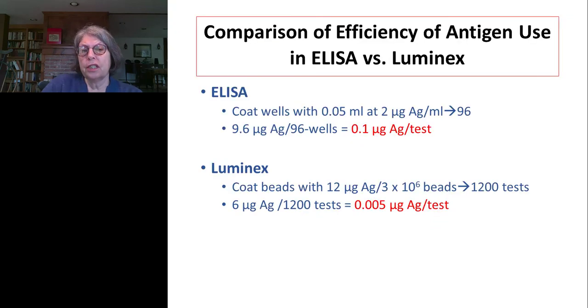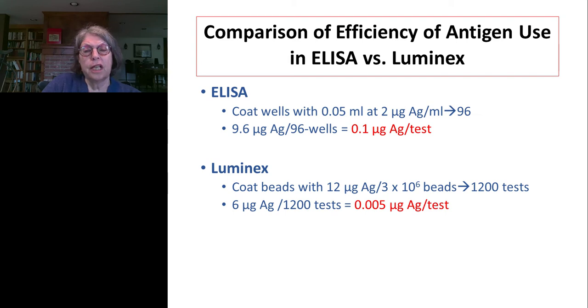In addition to the greater sensitivity of the Luminex assay, we have been able to reduce the amount of antigen needed per test. So with the ELISA, the wells are typically coated with 0.05 milliliters or 50 microliters of the antigen solution at 2 micrograms of antigen per ml, and using that in 96 well plates means that you're using 0.1 micrograms of antigen per test.